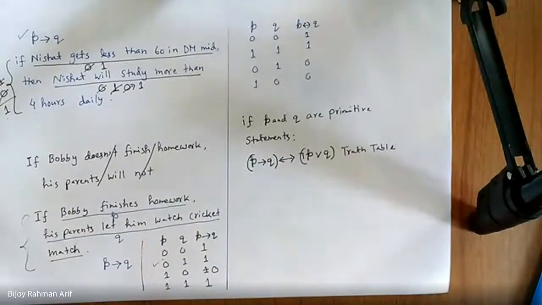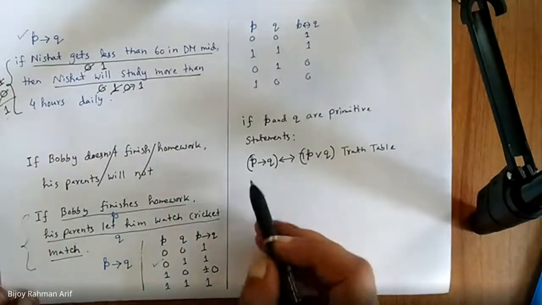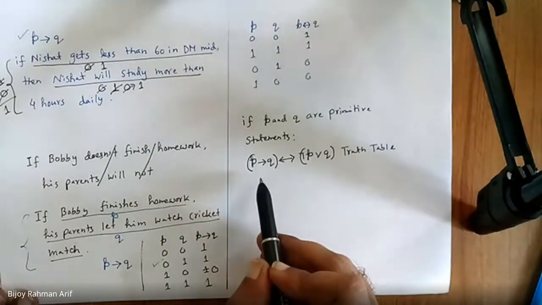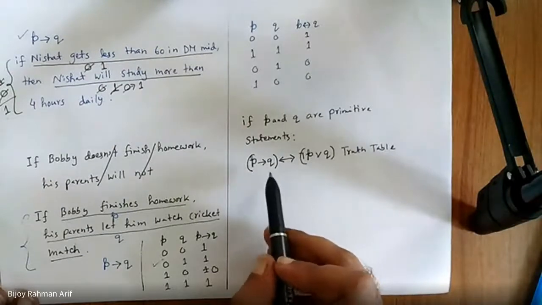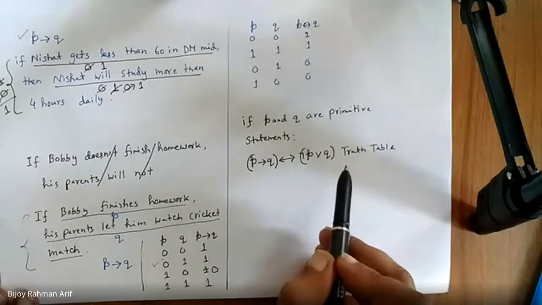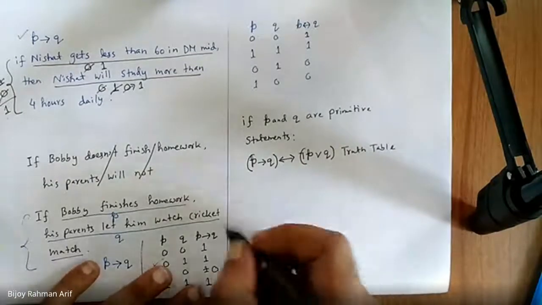So if P and Q are primitive statements, we're trying to find out the truth table of P implies Q bidirectional not P or Q. So please, you people will tell me.